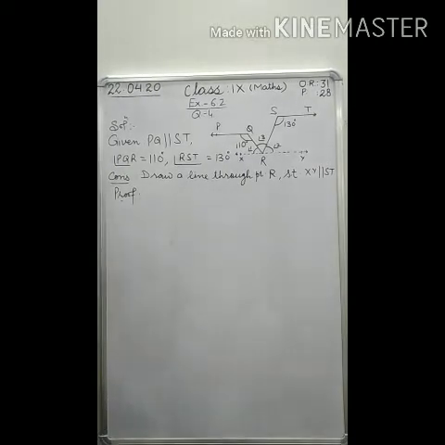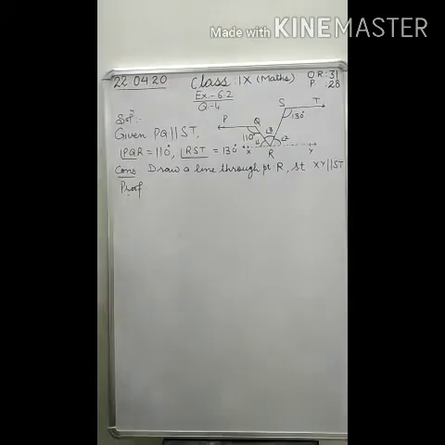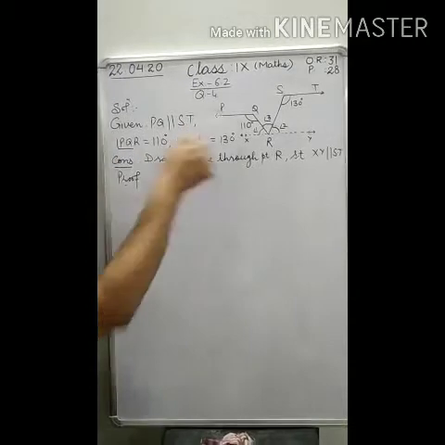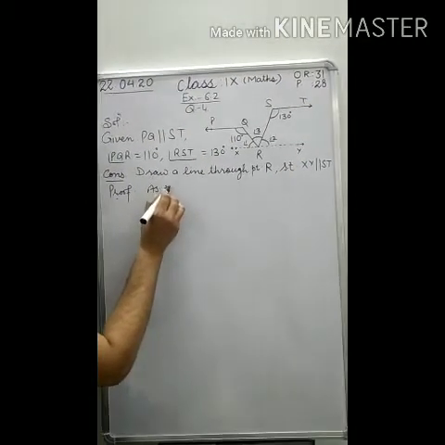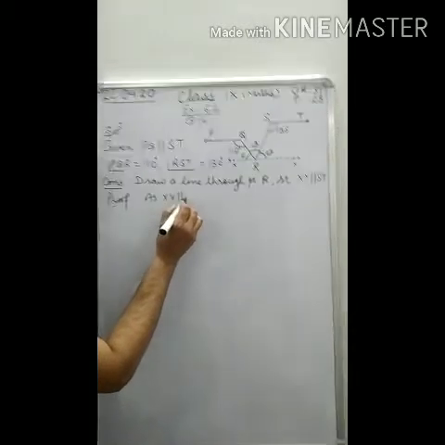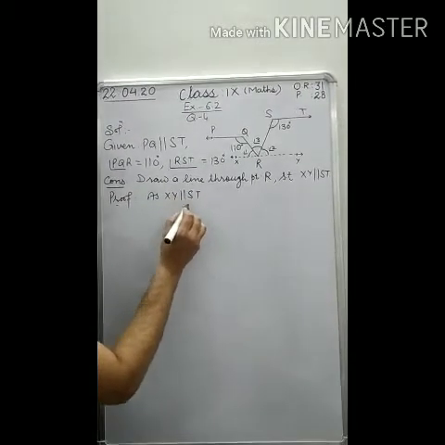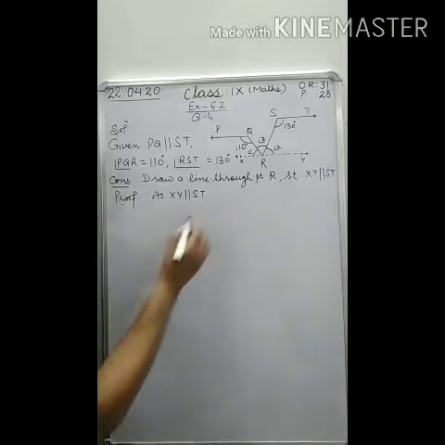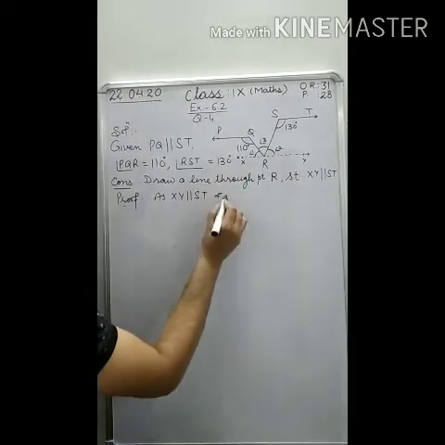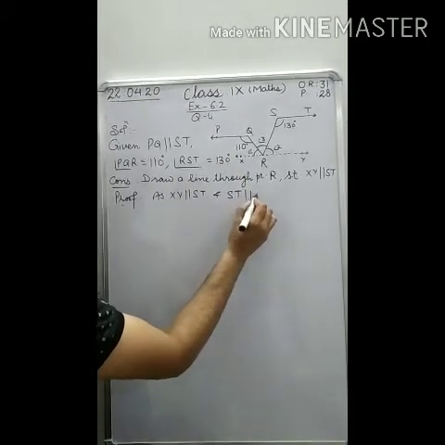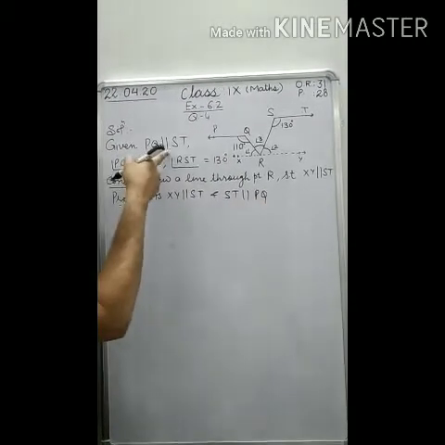So to find this angle QRS, first of all you take these two lines. You write as XY is parallel to ST. This is by construction, and ST is parallel to PQ. This thing is given.